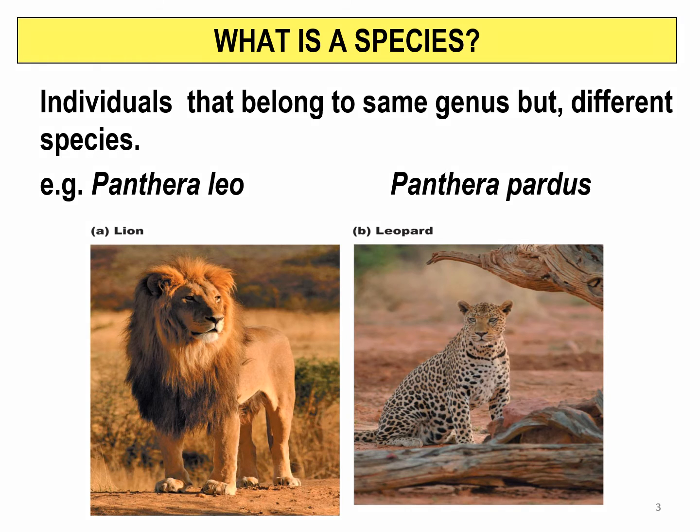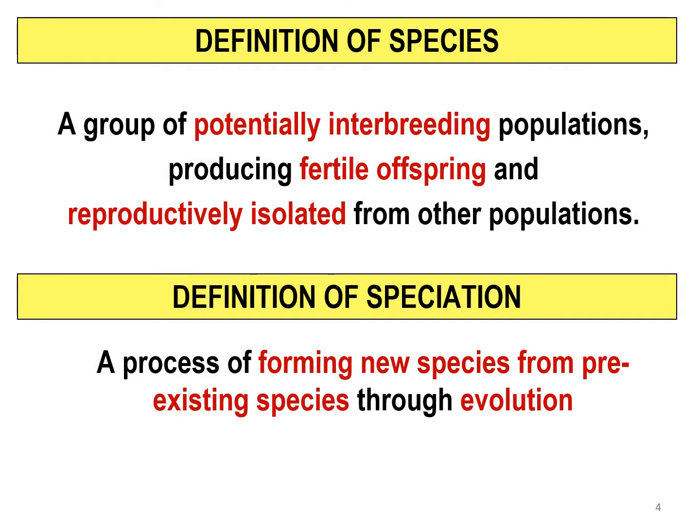Biologically, if two closely related organisms that look quite similar have the same characteristics, or maybe a slight difference in characteristics, they are considered as the same species if they can interbreed with each other, and after interbreeding they can produce a fertile offspring and are reproductively isolated from other populations.